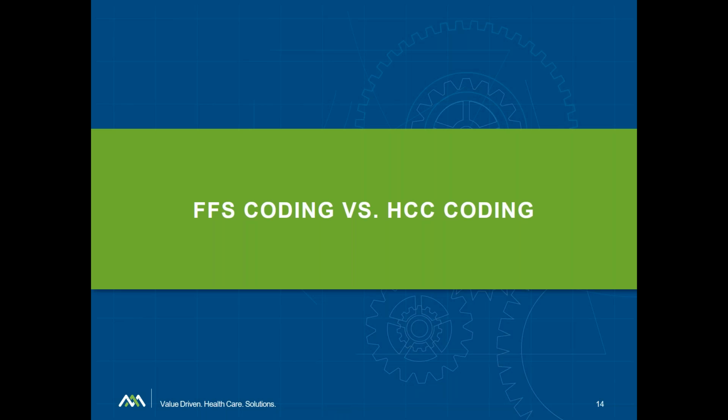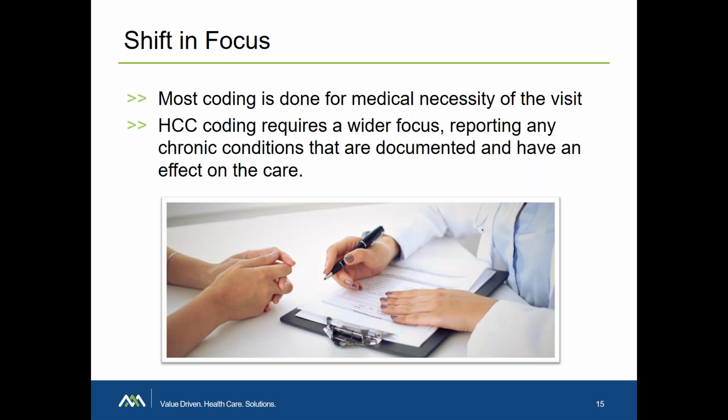Now, fee-for-service coding versus HCC coding. There is a shift in focus when you are coding for fee-for-service versus HCC coding. With fee-for-service coding, most coding is done for medical necessity of the visit. Within HCC coding, this requires a wider focus, reporting any chronic conditions that are documented and have an effect on the patient care.